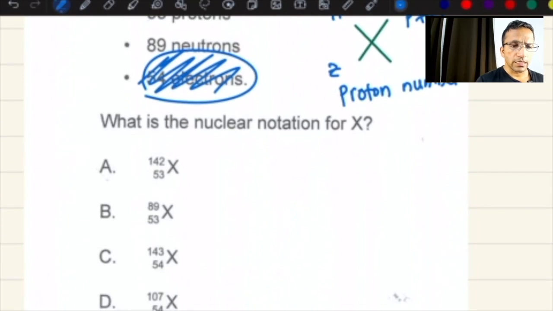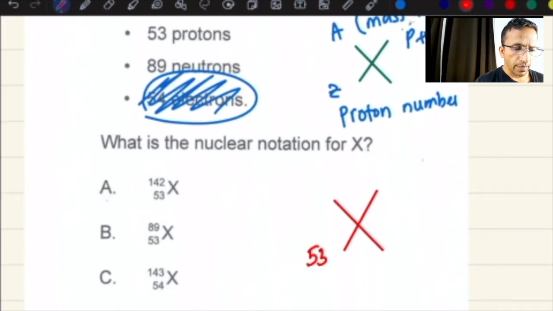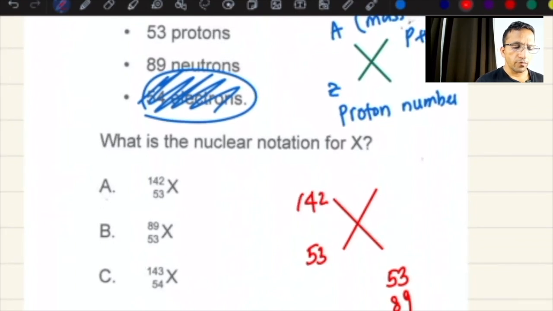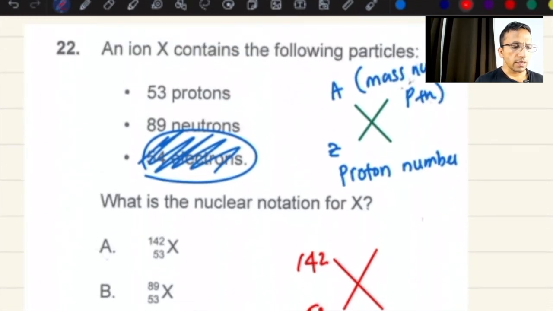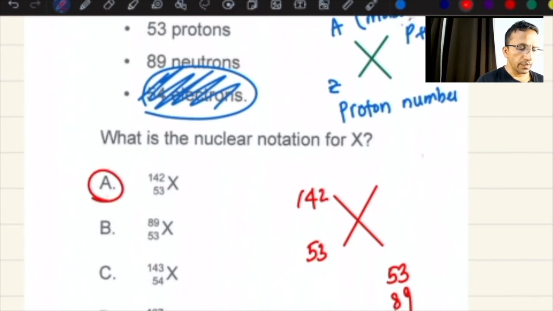So in this example, the notation should be number of protons is 53 and number of nucleons, meaning protons and neutrons all together, should be 142. Forget about electrons. Electrons are not relevant in nuclear physics, so answer should be A.